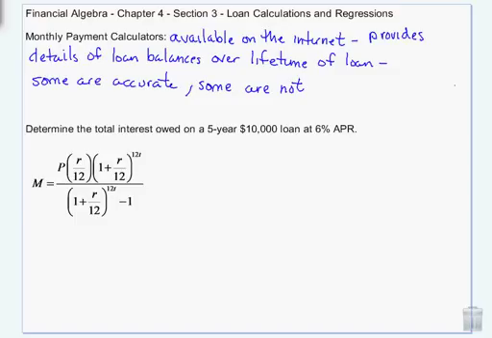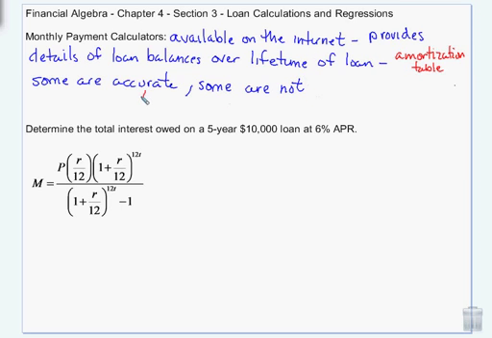There are monthly payment calculators available online that provide the details of the loan balances over the lifetime of the loan. These are called amortization tables. But online, as with everything else online, some of these are accurate and some of them are not.